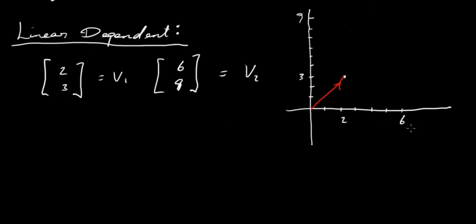And if you take 6, 9, then you've got this point up here, so that's just going to be a continuation really, so it's just going up along here like this, and you should end up here. That's 6, 9 up here. Now you can see that if you multiply this vector here by 3, if you triple the length of this vector here, you'll end up at this point here.